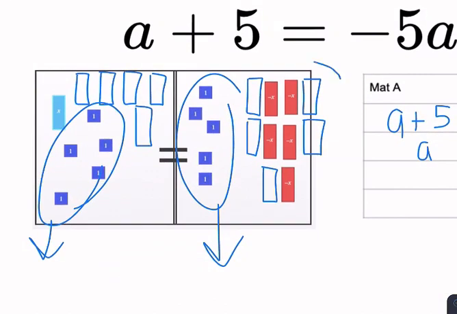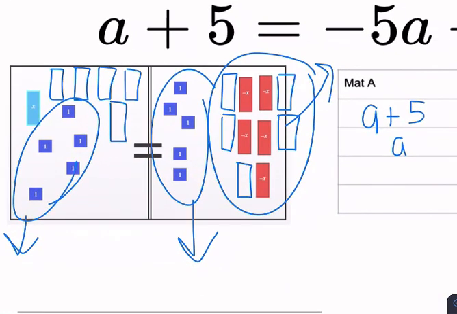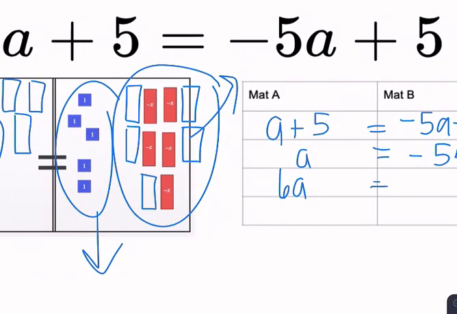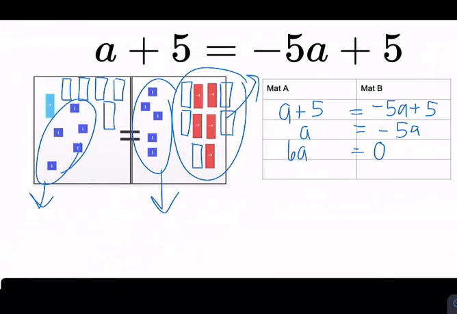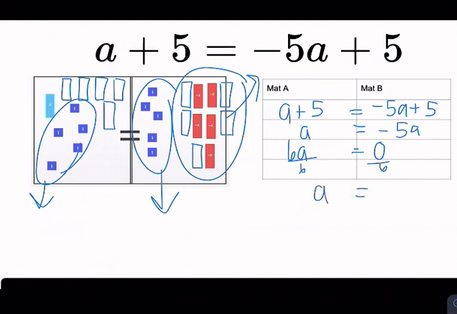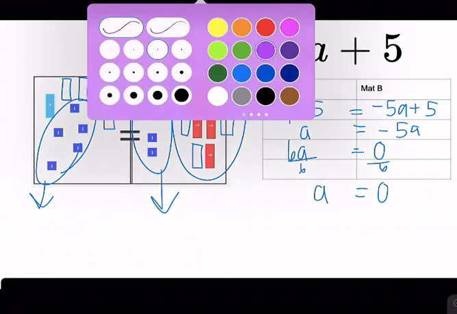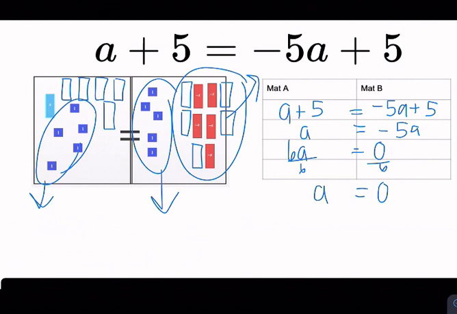So these all make zero pairs, and I'm left with 6 positive a's and 0. So 6 times what is 0, or I can divide by 6 either way, and every time I'm going to get a equals 0.